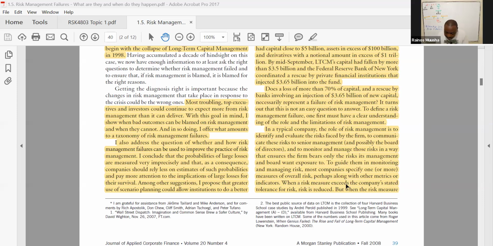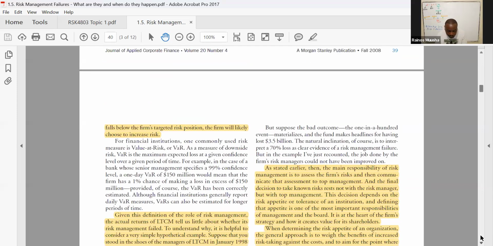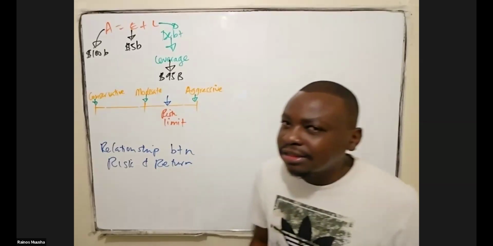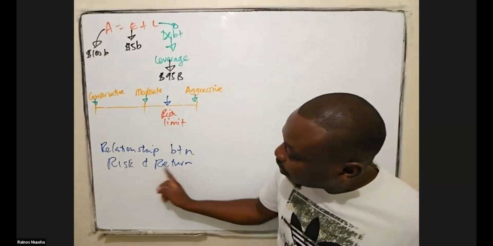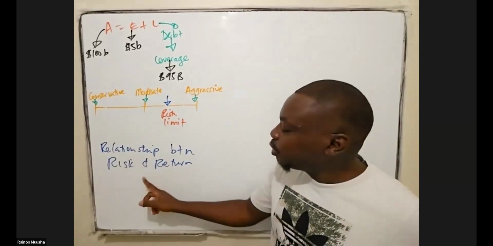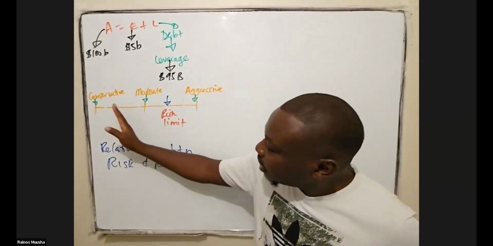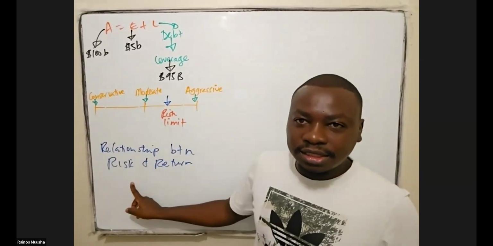When a risk measure exceeds the company's stated tolerance, the risk is reduced, but when the risk measure falls below the firm's targeted risk position, the firm will likely choose to increase the risk. Why are they increasing the risk if it's falling below? Because remember, there is always going to be a relationship between risk and return. So which means if you're going to be taking a lower risk, also expect a lower return.